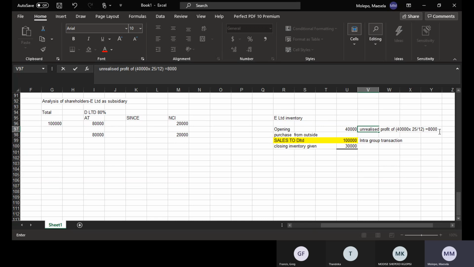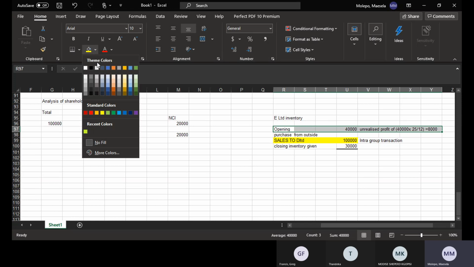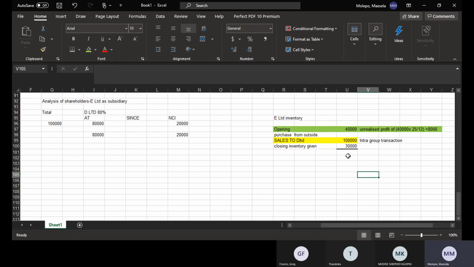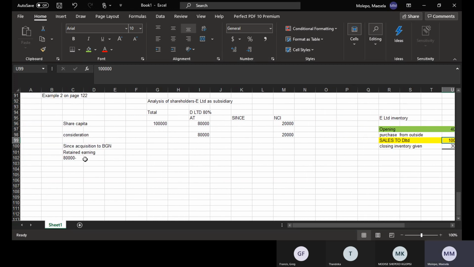So this unrealized profit of 8,000 was unrealized last year, but now in the current year it needs to be realized, because the inventory was sold. This inventory is now included in this 100,000. Since the profit is now realized, you have to show it on your retained earnings.